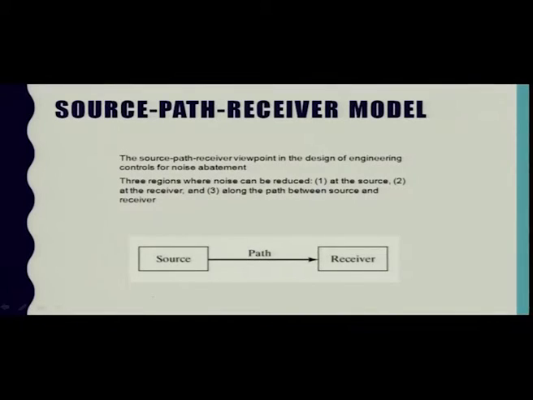Before that we covered source, path and receiver. This source, path, receiver viewpoint is used in the design of engineering controls for noise abatement. So, there are three places where noise can be reduced: at the source, at the receiver, and along the path between source and receiver.